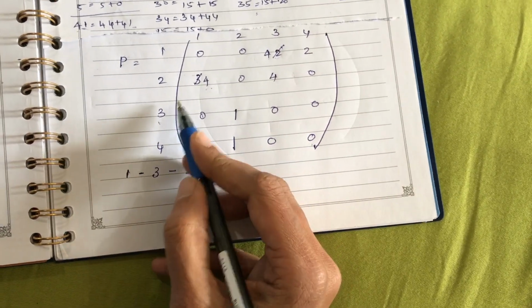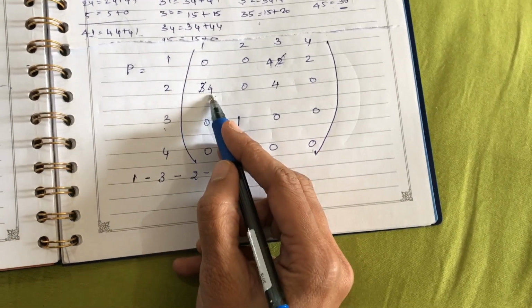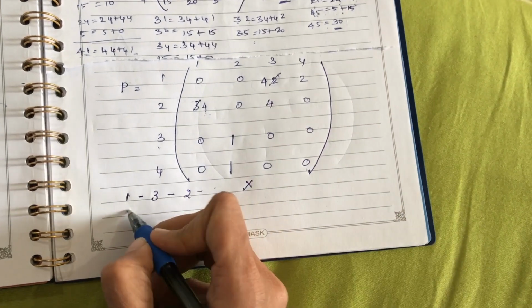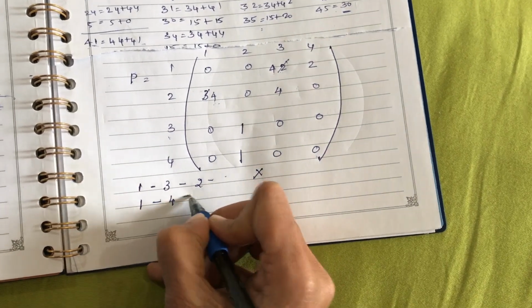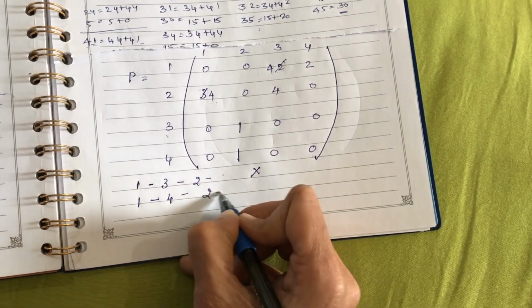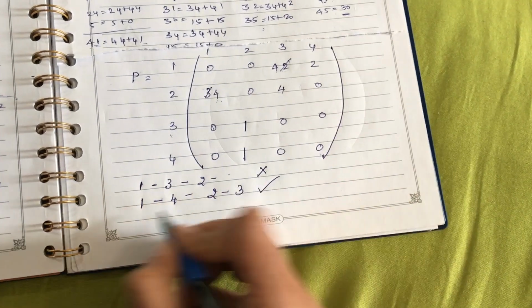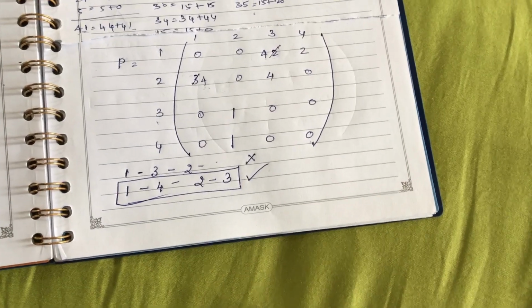Again from 2 it will go to 3, which is a cycle, or I can go to 1, which is again a cycle. So this path cannot be established. So I can start from 1, then with 4, then from 4 to 2, then from 2 to 3, which doesn't form a cycle, and this is your all pair shortest path.